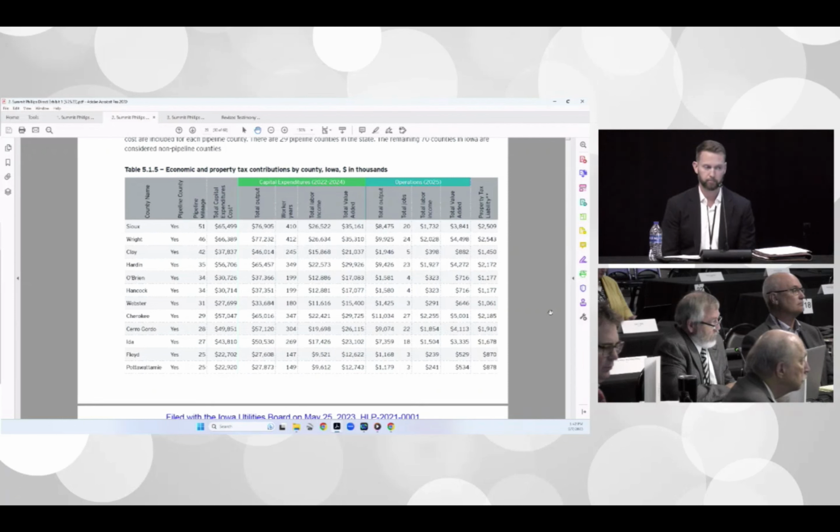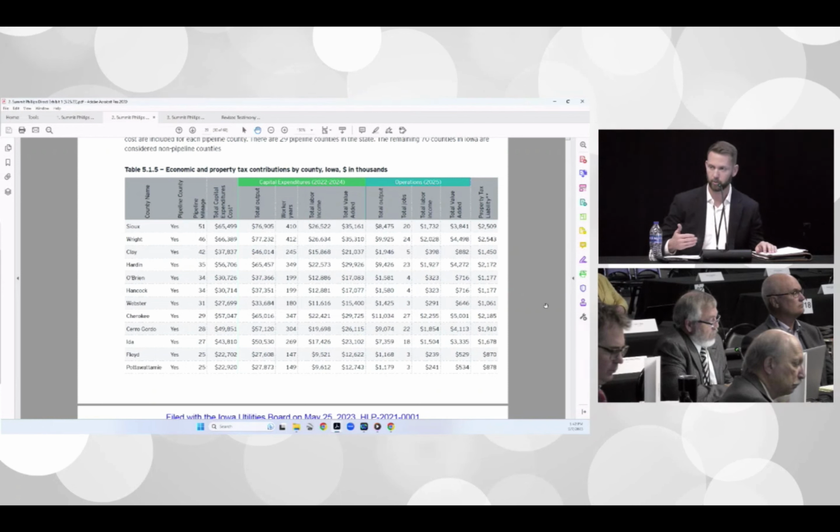So in our updated analysis, which is summarized in my rebuttal testimony, we do show that it's around 55% of the total construction workforce is assumed to be Iowa resident. From county to county, I'm not sure what that looks like, though.